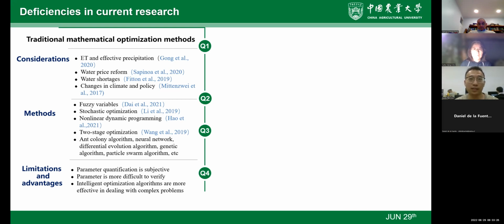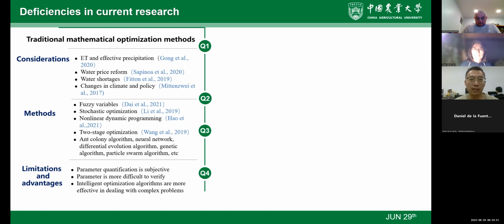The specific methods include fuzzy variables, stochastic optimization, nonlinear dynamic programming, two-stage optimization, and many algorithms. The parameters of such methods are subjective and difficult to verify.